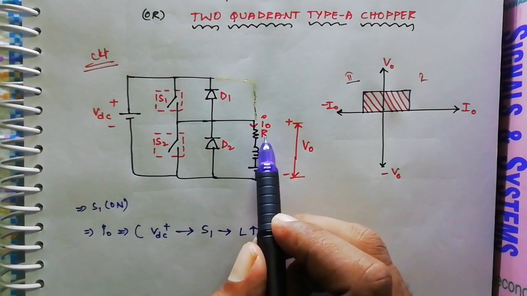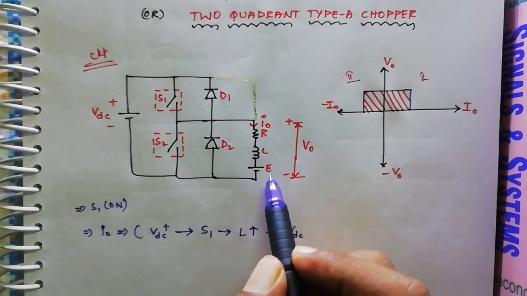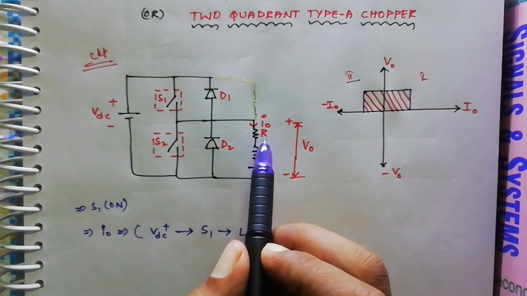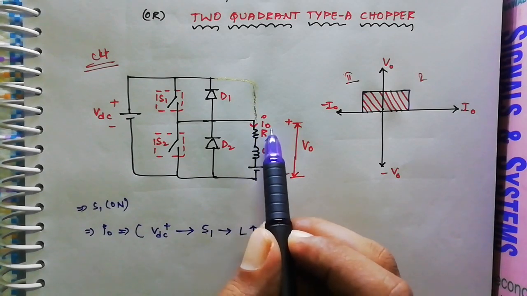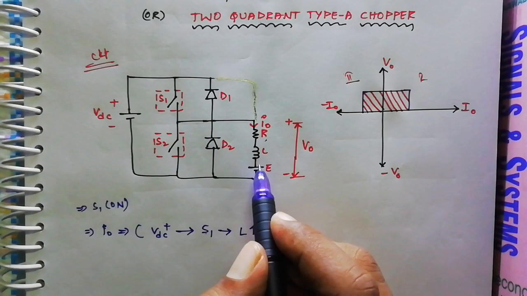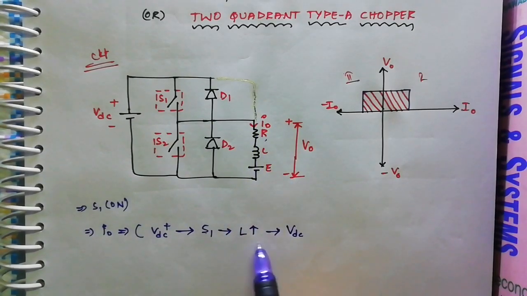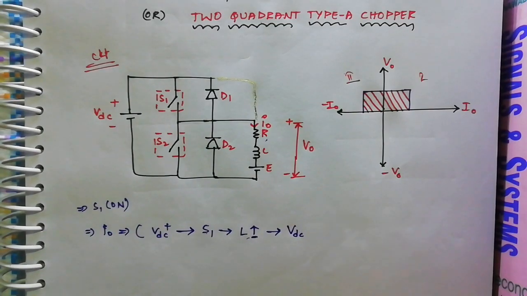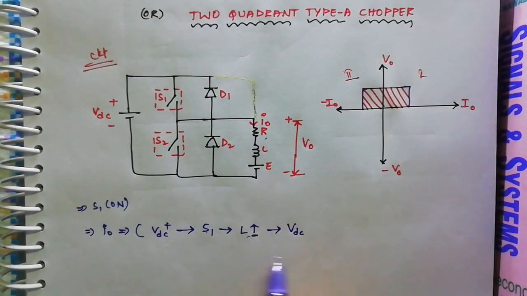There are terms like R and E also. For simplicity I am eliminating these two, because after S1 it will pass through R, but there is no need to specify R and E in this current direction, because no action happens there. But in the inductor there will definitely be charging of the current. That is why I have neglected R and E.